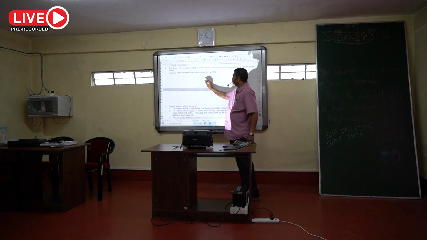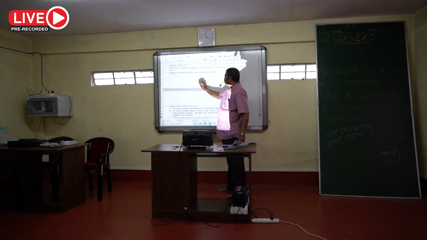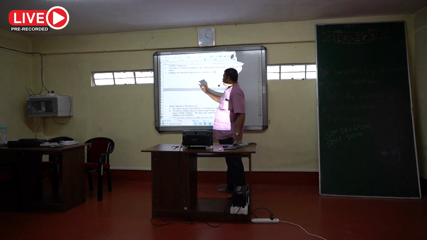So in ethyne, the triple bond has one sigma bond, and the 2 pi bonds are formed. These p orbitals on this axis overlap. Again, one more set of p orbitals is there, which also overlaps.